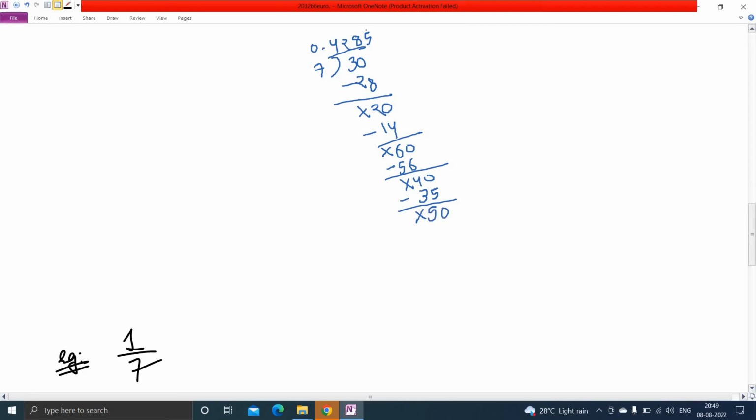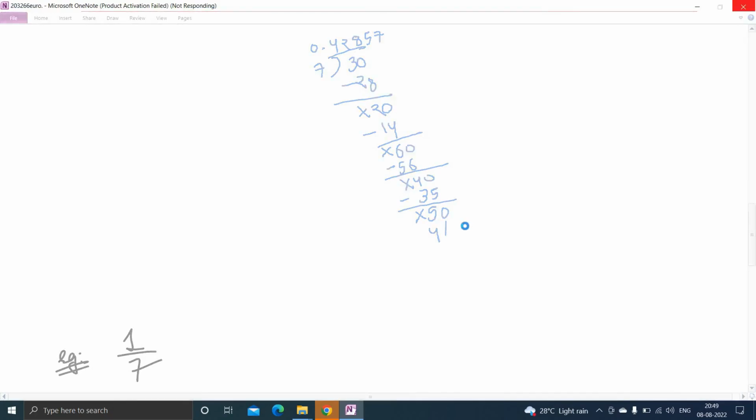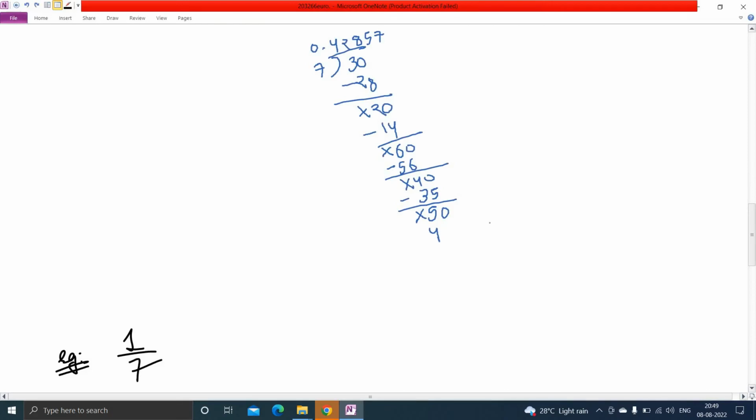Then 7 7s are 49, so 49 will come here, then 1 will remain.